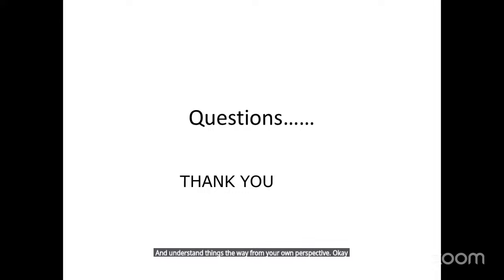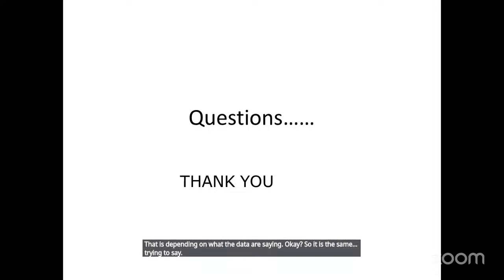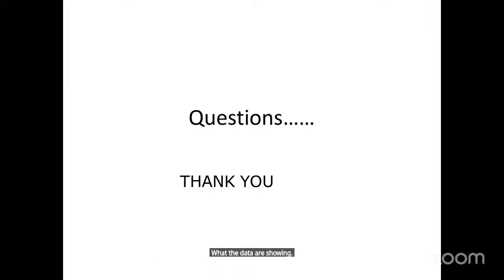So an interpretation is the story form, the narrative, the text depending on what the data are saying. It is trying to say what the data are showing. As far as the objective is concerned, most people prefer the text, the narrative. If you give them numbers, you switch them off.